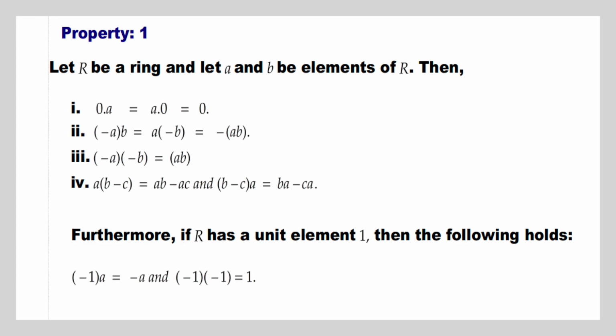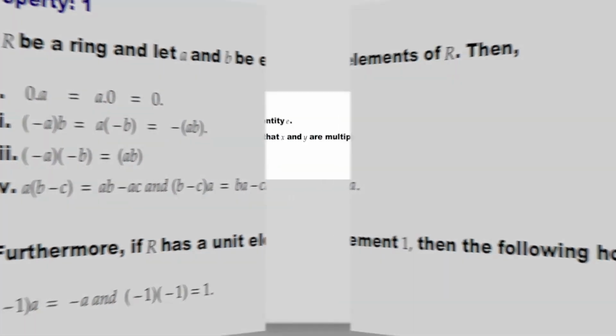Fourth one is a(b − c) equal to ab − ac and (b − c)a equal to ba − ca. Furthermore, if R has a unit element 1, then the following holds: (−1)a equal to −a and (−1)(−1) equal to 1.